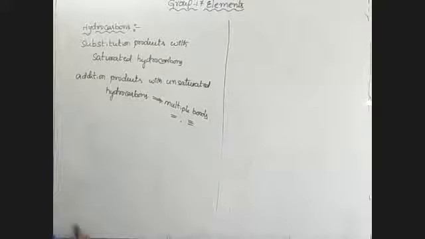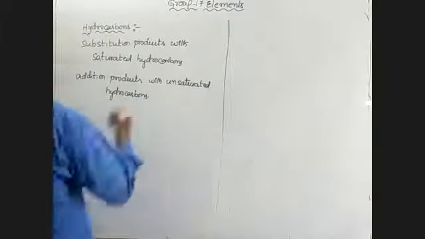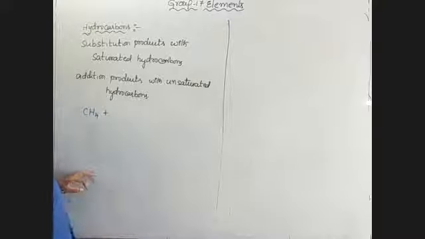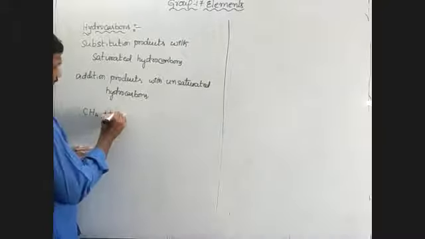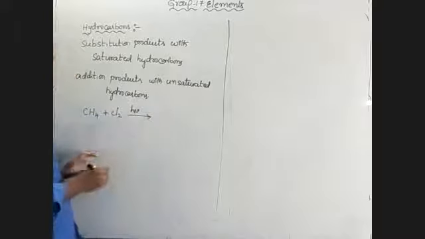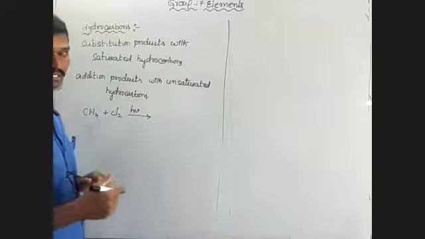Okay, right. So you see next reactions of these compounds here. Let us say methane. This is a saturated hydrocarbon. When combined with chlorine in the presence of sunlight, a substitution reaction takes place. What is the substitution reaction?